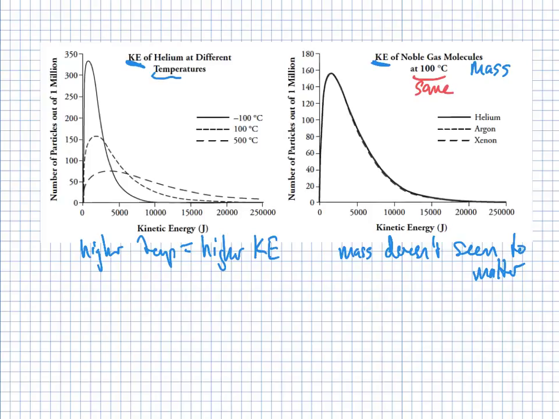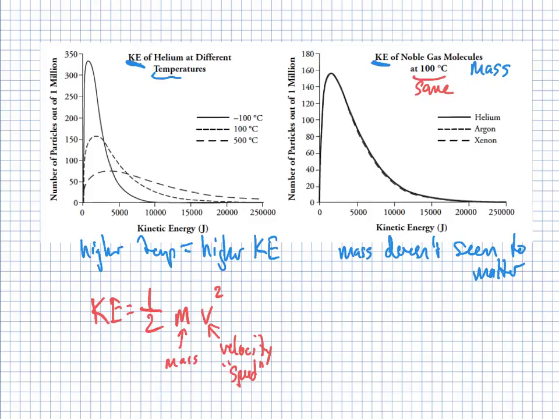So all of this is to say you don't need to know this formula, but this is the formula for kinetic energy. 1/2 mv squared, with m being mass and v being velocity, which is just the physics word for speed. So mass should matter. It's in the equation.